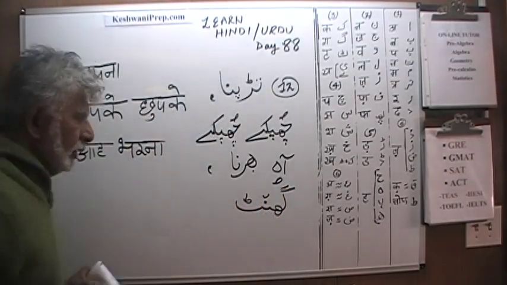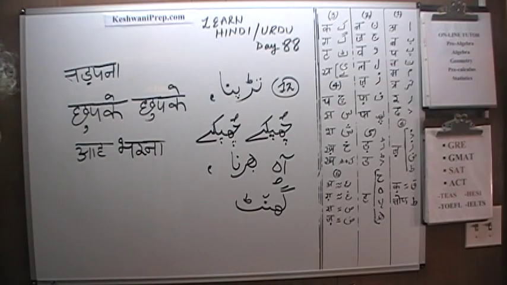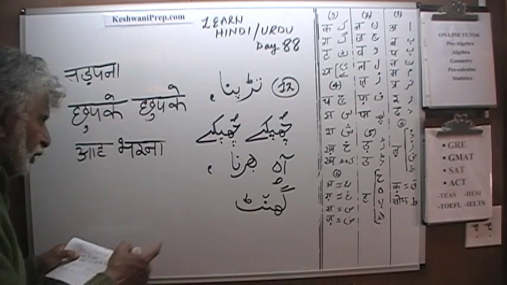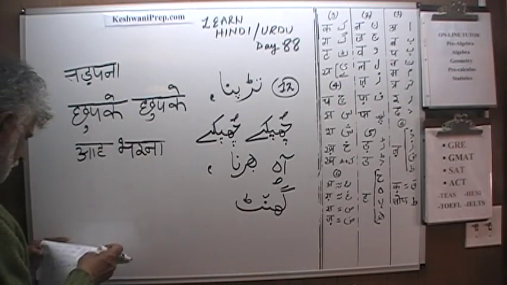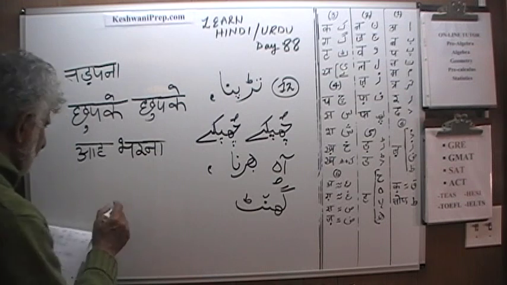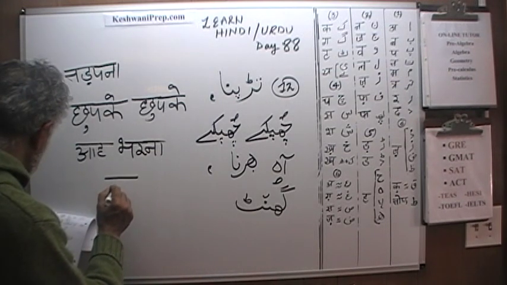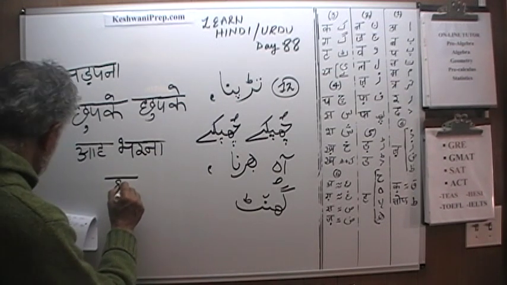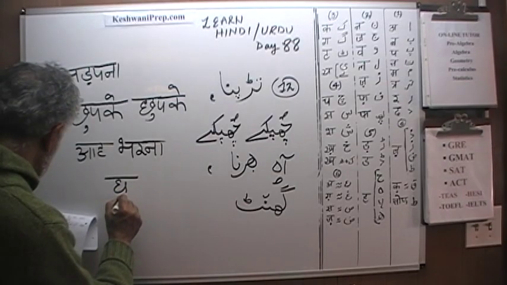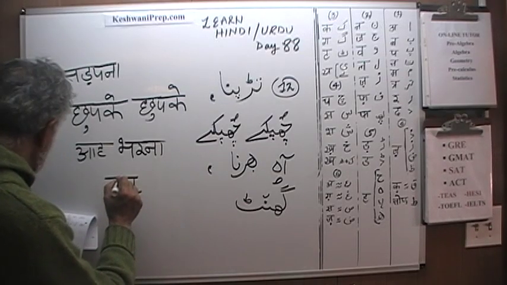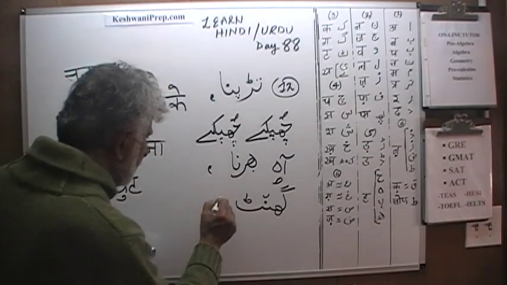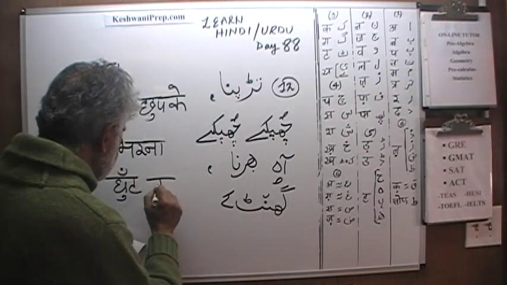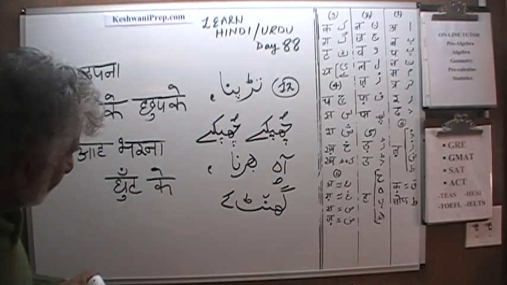Now here I have a choti u ki matra, so I'm not sure whether it's choti u or badi u. I'm just going to stick with choti u ki matra. As you can see, it's just a page. Goot ke, and that K is horrible.